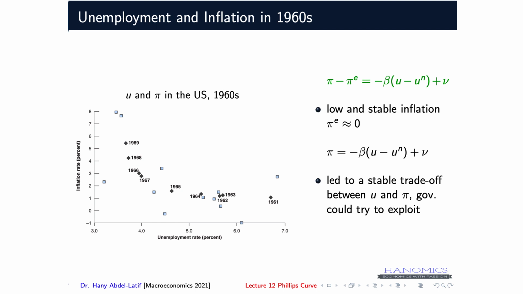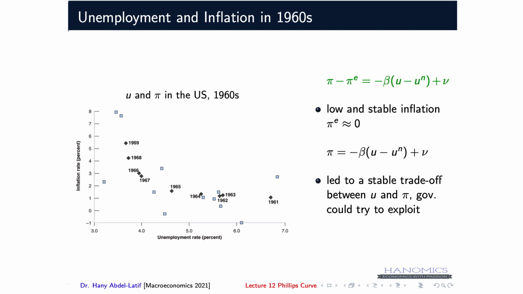So what does this suggest? It suggests that if expectations of inflation are very low, nearly zero, because the inflation rate is very stable and very low, people don't expect inflation to increase. That gives us exactly the relationship we saw in the original Phillips curve, where we have a negative relationship between the inflation rate and the unemployment rate.